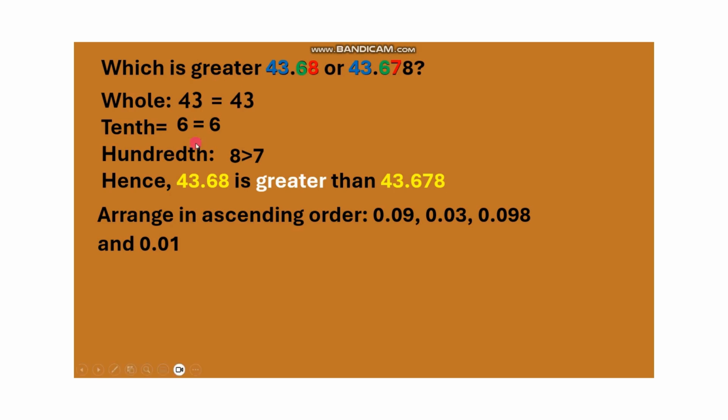Next question: arrange in ascending order. When you are asked to arrange in ascending order, you are meant to arrange from the smallest to the biggest. So we need to compare here. For the whole number, we have 0 for the first, 0 for the second, 0 for the next, and 0 for the next one. So we cannot use the whole number to arrange these decimal numbers.